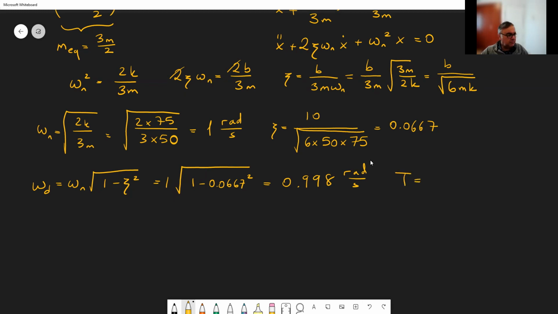And the period of oscillations is 2 pi over omega d. If you find it, it is 6.3 seconds. That is, one vibration takes 6.3 seconds, which is really long, by the way.